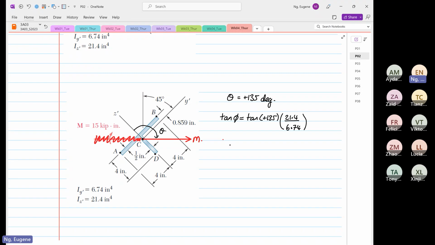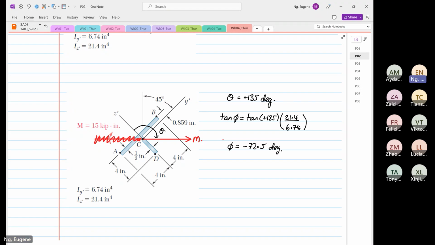So from here, phi will become tangent 135 times 21.4 divided by 6.74, and then inverse tangent. So now it is again minus 72.5 degrees.